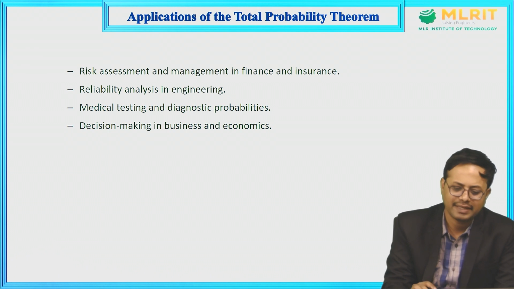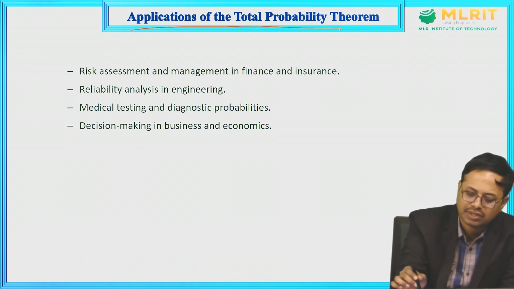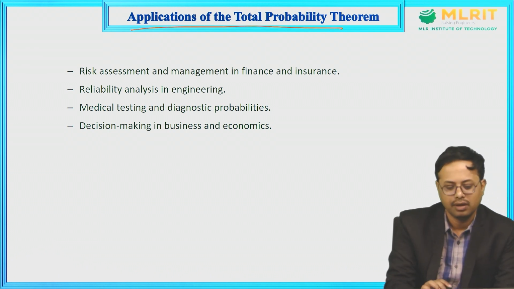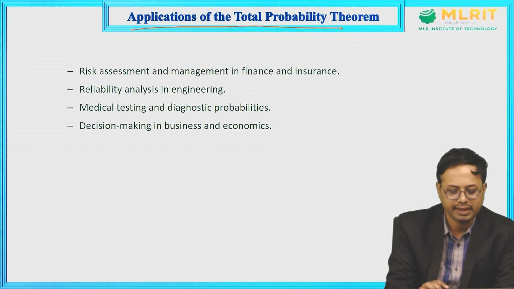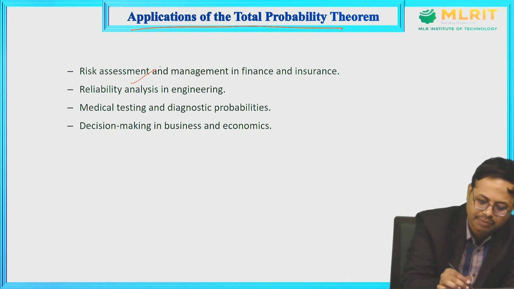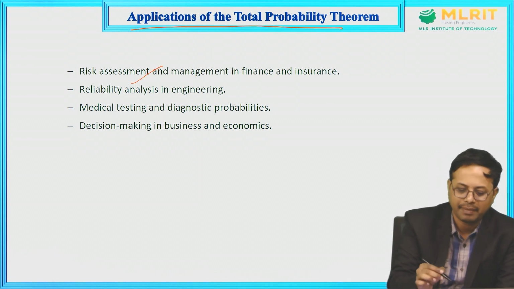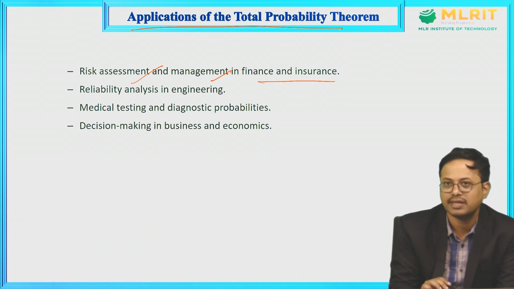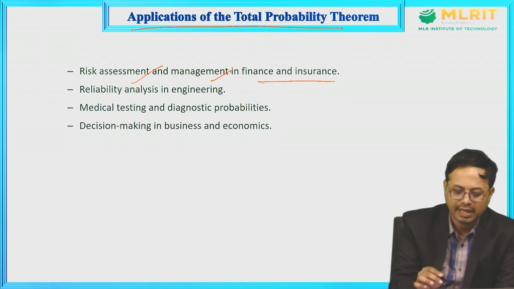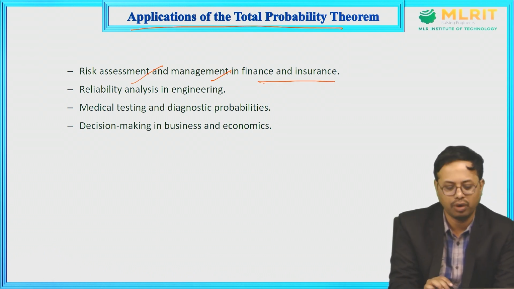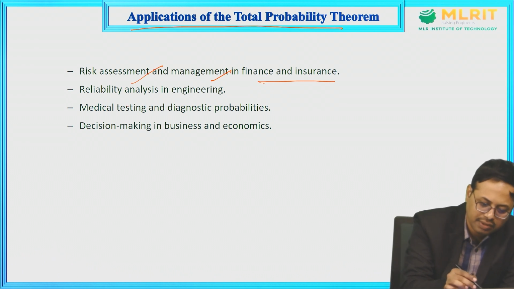What are the applications of the total probability theorem? We can use it for risk assessment and management in finance and insurance sectors. We can use it for reliability analysis in engineering.